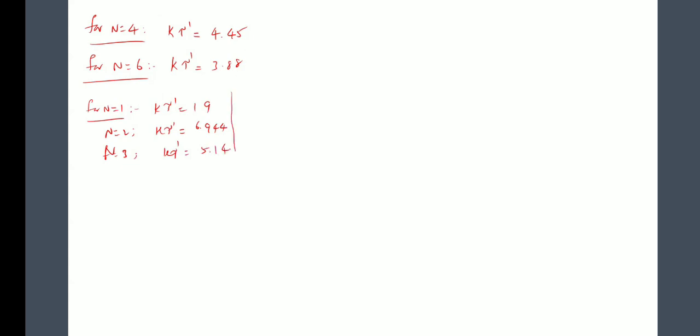See, the values are decreasing here. As the number of CSTRs increases, the k tau dash value decreases, correct? For n is equal to 4, k tau dash is 4.45. For n is equal to 6, k tau dash value is 3.88. Means the value keeps on decreasing. This is about n number of CSTRs in series. The trend of this k tau dash is like this.